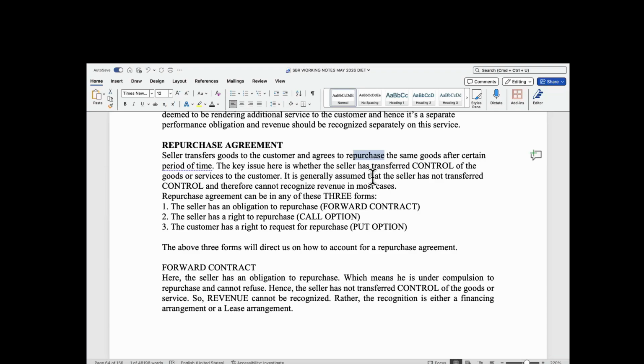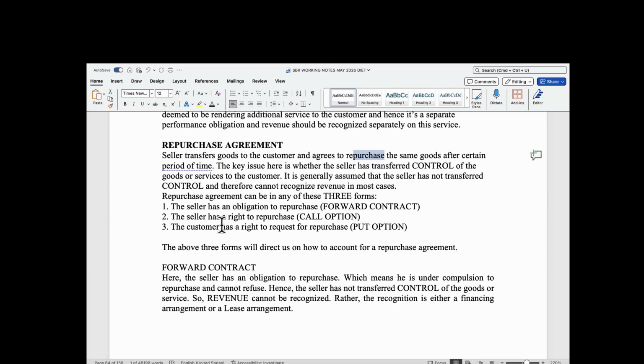Or the seller has a right to repurchase, we call that a call option. Having a right and having an obligation are two different things, hugely different, because having an obligation to repurchase means that you cannot say you don't want to, you must repurchase. But having a right, you could decide not to. It's not compulsion. So that's majorly the difference.